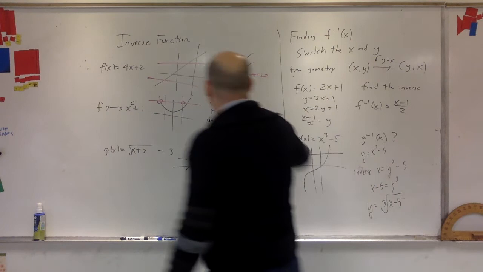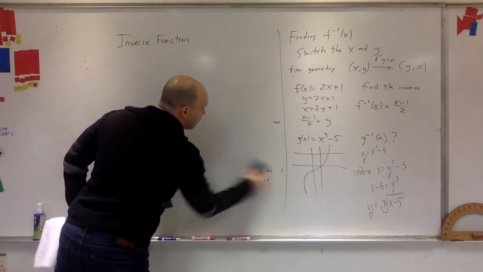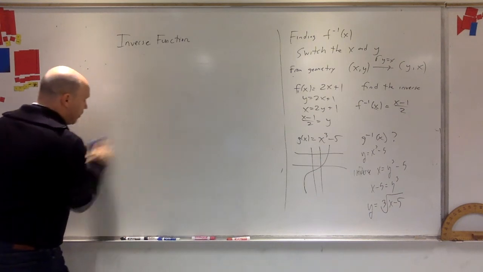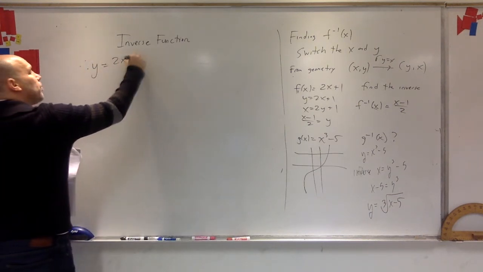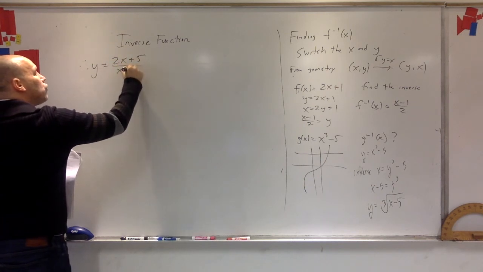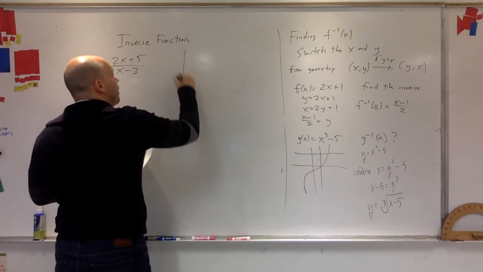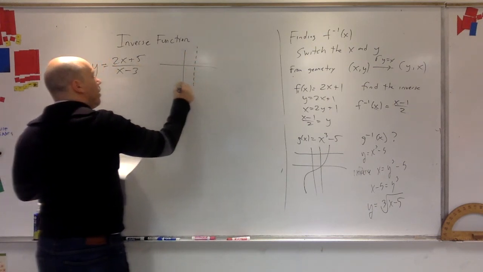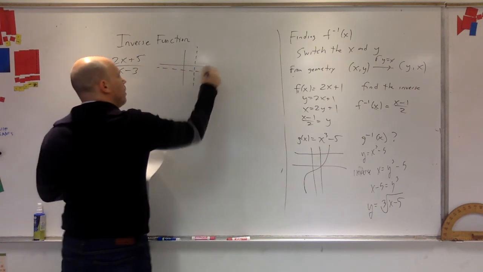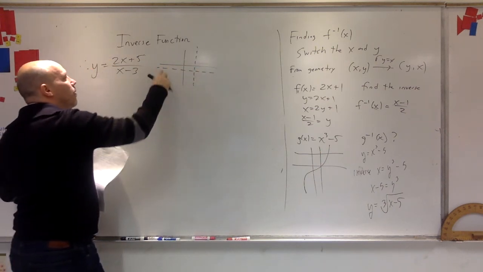Okay, the last technique I want to show you, this will show up, I just want to get this down. Please practice this. You're going to be given the function y equals (2x plus 5) over (x minus 3). Now, we're going to see in a later lesson what this looks like.